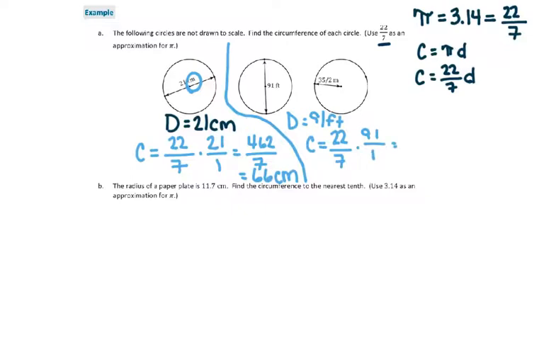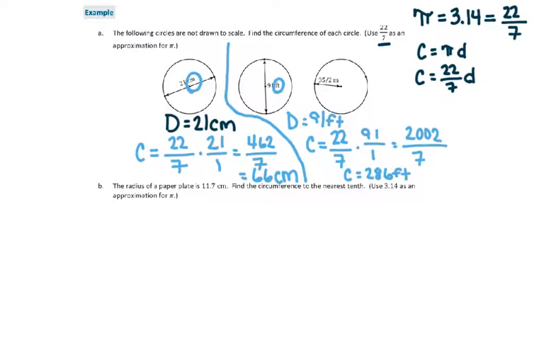And when I multiply straight across, when I multiply 22 by 91, I get 2002/7. And when I divide 2002 by 7, I get that my circumference is 286, and I'm going to take with me those units. So 286 feet is my circumference, meaning the entire way around my circle is 286 feet.